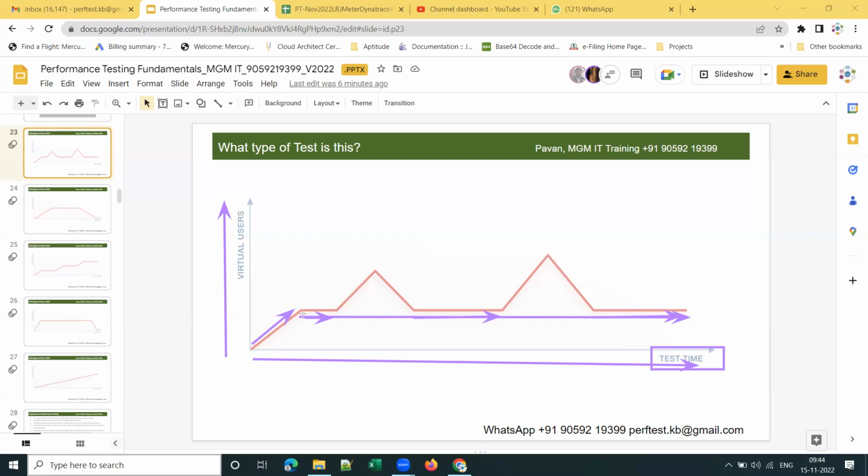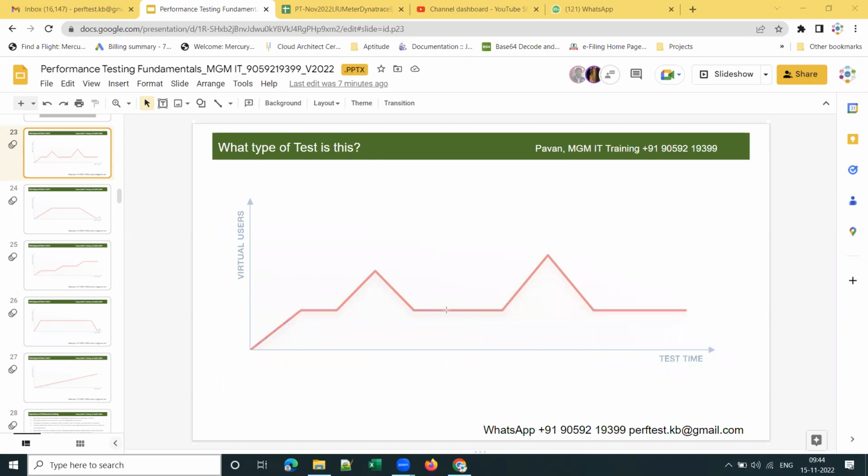Let's say this straight line is the normal user load, and at 10 o'clock there is one spike, and at 11 o'clock there is another spike. So this graph best resembles that. But in general, this graph represents spike testing. Understood, guys?